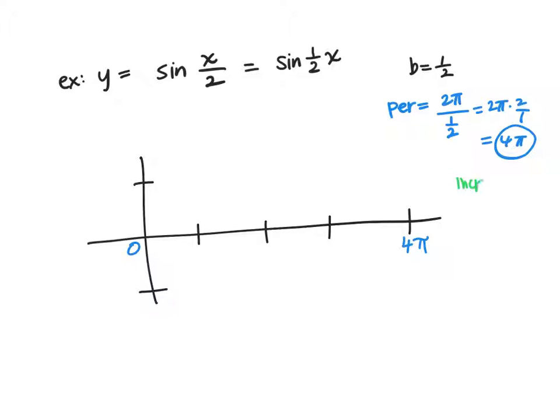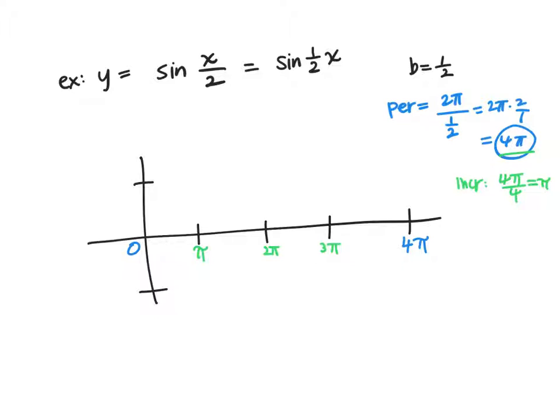Notice that the increment, this one's pretty easy. You take the period and divide by 4, so I'm going to add by pi each interval. Again, notice that my full cycle is 0 to 4 pi because it's 4 pi in length. And then if I divide that into 4 even slices, it's going to be pi, 2 pi, 3 pi, 4 pi. They're 1 pi long per interval here.